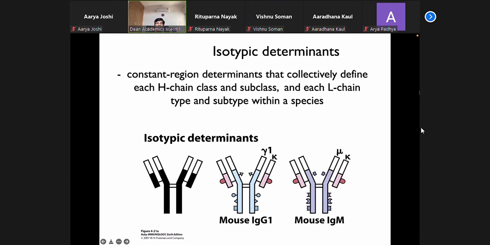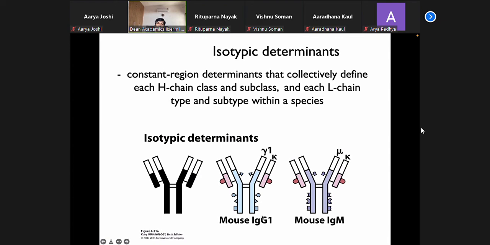Just read this statement: constant region determinants that collectively define heavy chain class and subclass, and each light chain type and subtypes within a species, are called isotypic determinants, because they are also present in the light chain. So you got the point, these are the antigenic determinants present in the constant region of an antibody molecule.